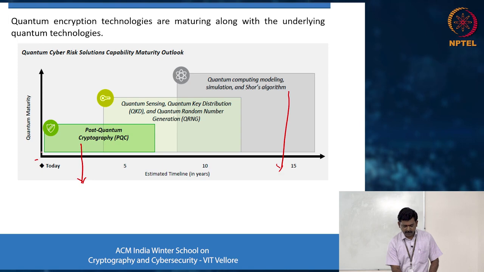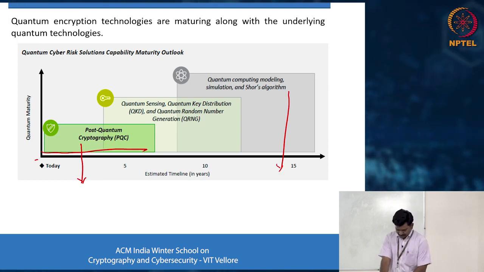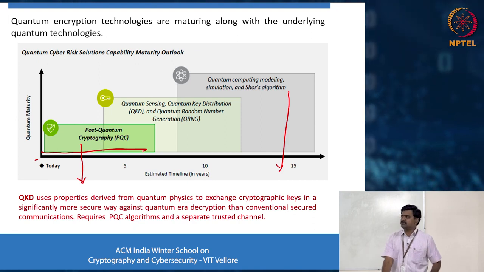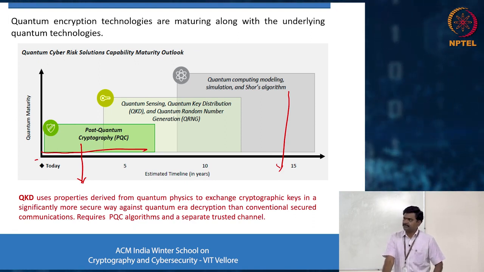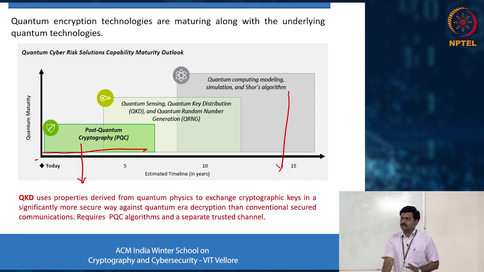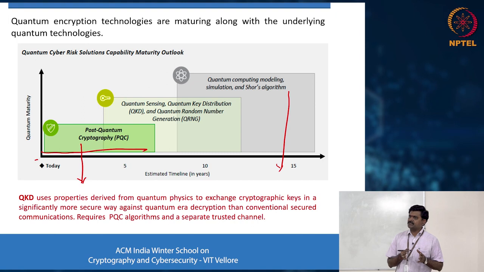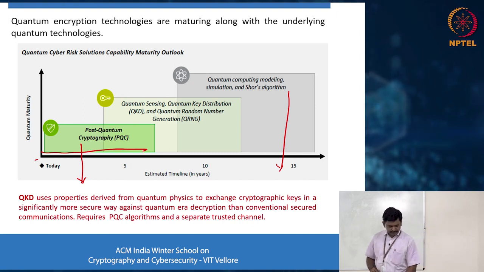But now what people are talking about is post-quantum cryptography, PQC, and then quantum key distribution, that is the quantum cryptography. Okay, so I think you must have got a very broad overview of quantum impact on cryptography, what is quantum cryptography, and what is post-quantum cryptography, right?